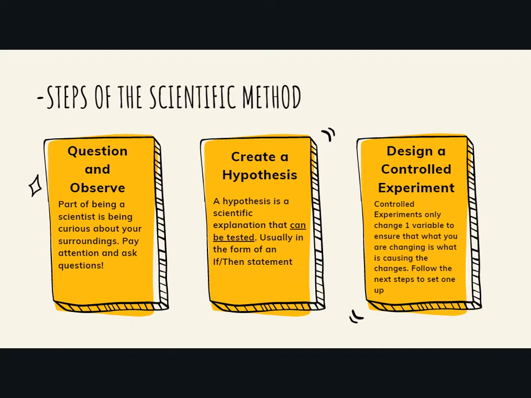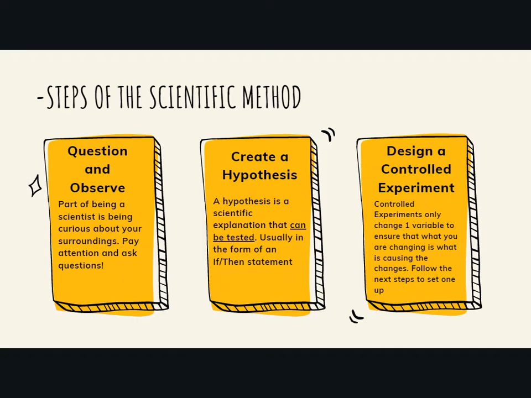Before you can start thinking of a hypothesis, before you can start designing an experiment, you have to be able to ask a question, because the entire point of the scientific method is to find a systematic way to answer questions, to explore the world. And it's hard to ask a question if you aren't paying attention. So, observe your surroundings, be curious, ask questions, pay attention.